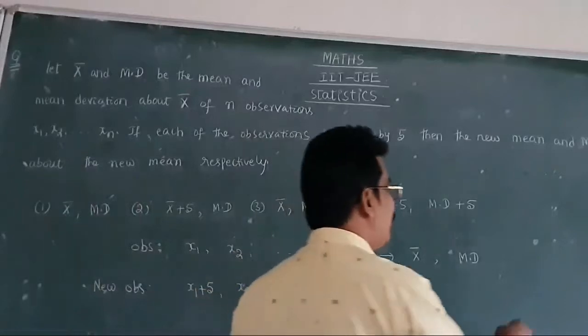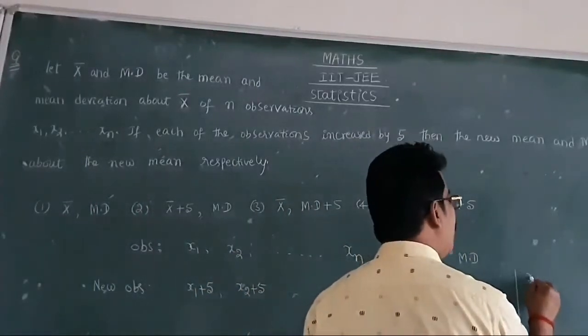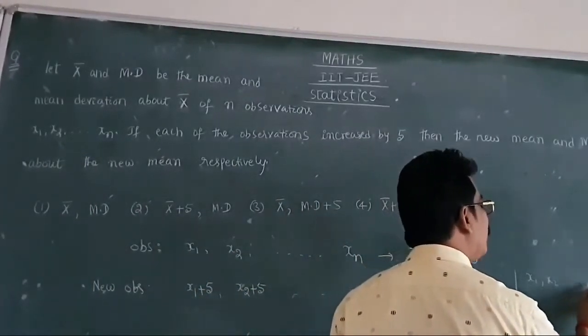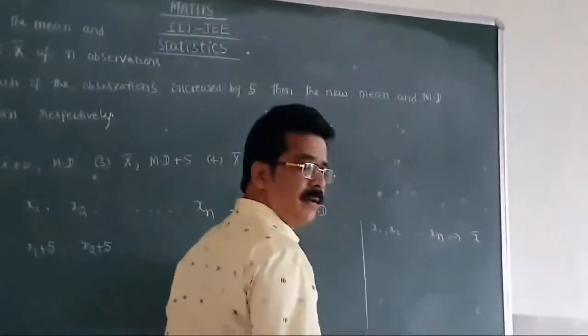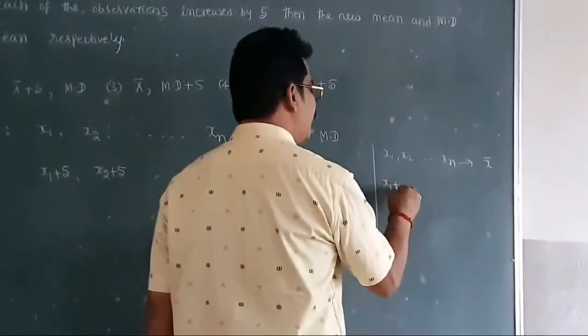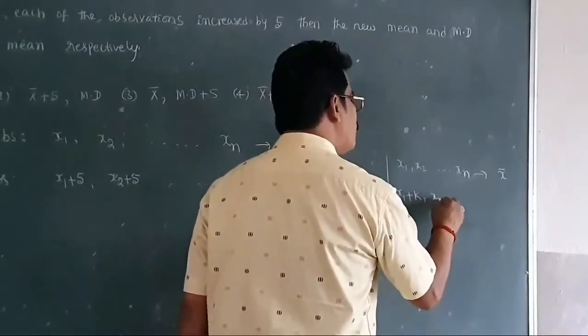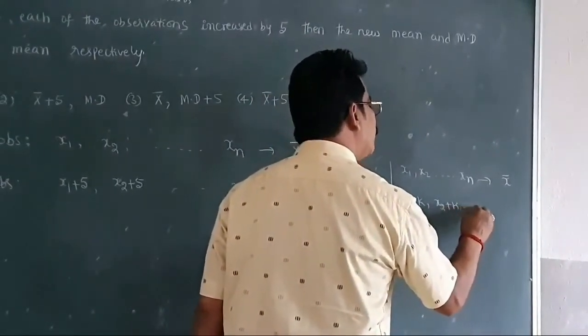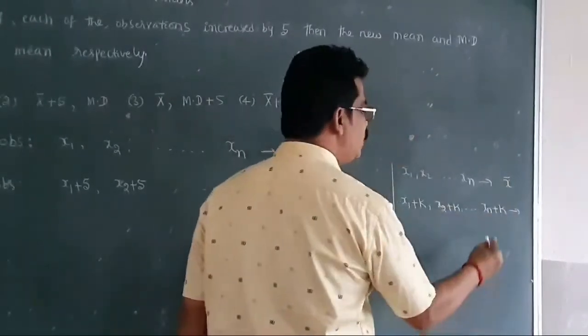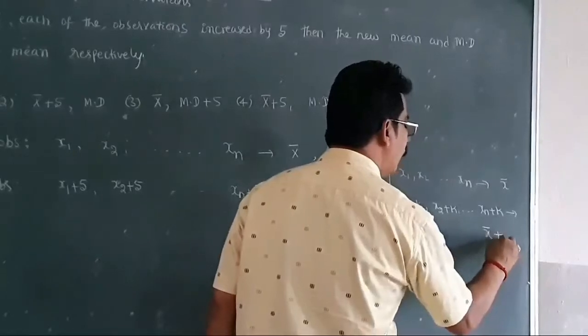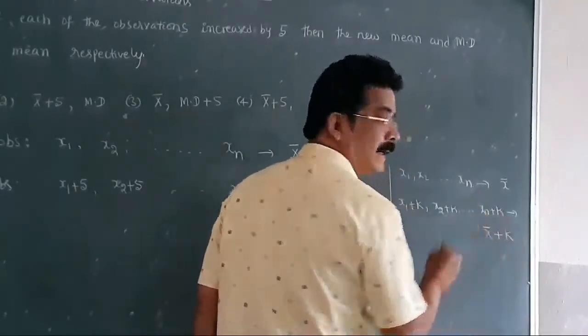What I said already about mean: for example, x1, x2, and so on, xn, its mean is x bar. If you are adding k to each, x1 plus k, x2 plus k, and so on, xn plus k, then the new mean is x bar plus k.